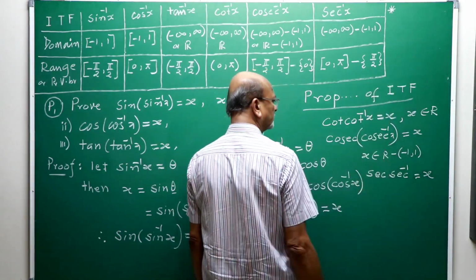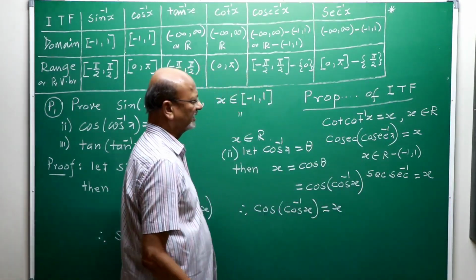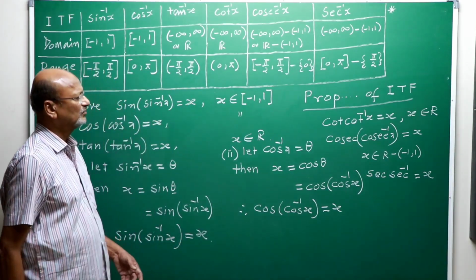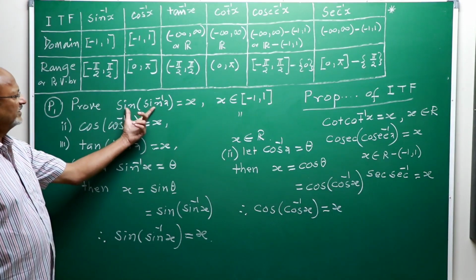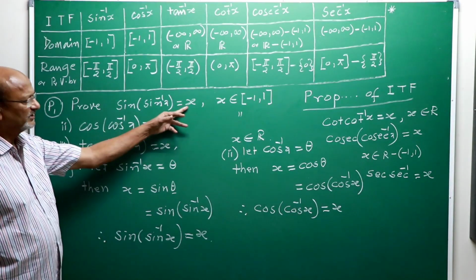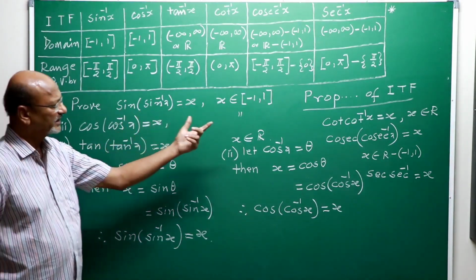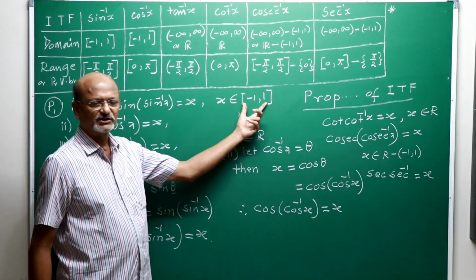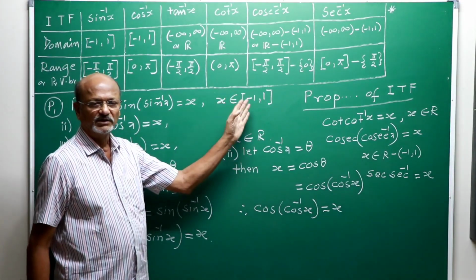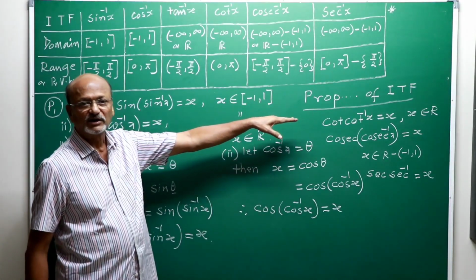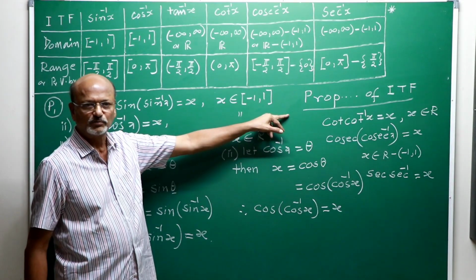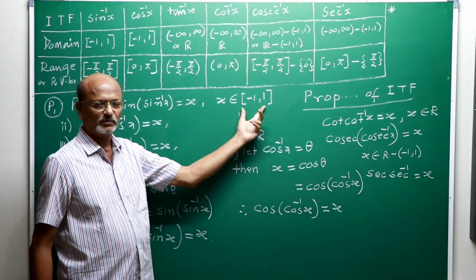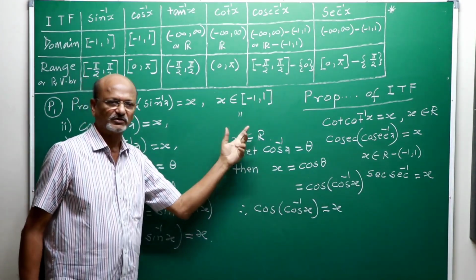Even I told it with the help of a line. This is, my friends, the first property of inverse trigonometric functions: sine of sine inverse x is x itself. You can use this property under the condition that x must be between -1 and +1. If it is other than -1 to +1, if it is 2 here, you can't use the property. Same for cos inverse.